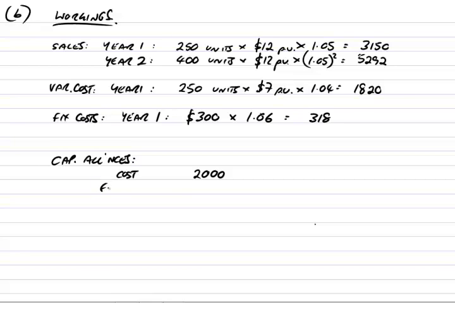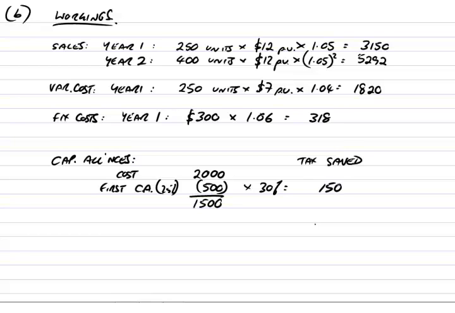The first capital allowance, it's 25%, which is 500. And in a minute, it's 25% each year. It's reducing balance. Remember, though, although the allowance is 500, the tax will save, albeit 30%. Our taxable profits will be 500 lower, so the tax will be 30% of 500 lower. The tax we'll save is 150.